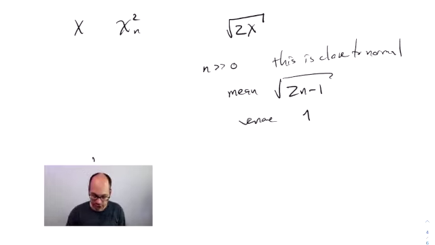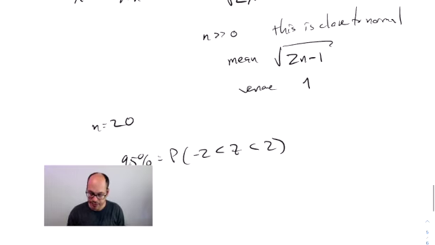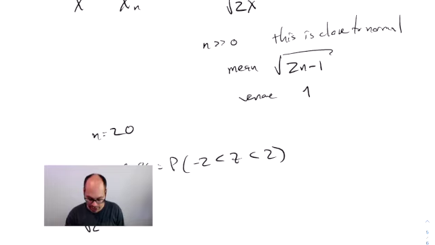So if we wanted then to look at n equals 20 and get a 95% confidence interval, again we'll say 95% is the probability that the standard normal variable is between -2 and 2. And now if we look at the square root of 2x, we subtract off its mean and divide by the square root of its variance, which is 1, so we're not really doing anything, then this thing is going to be pretty close to normal.